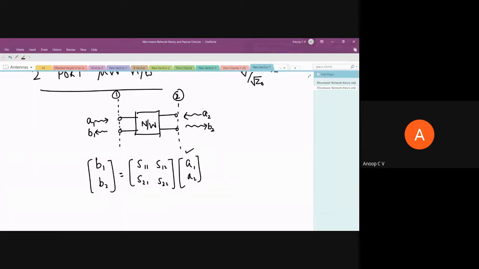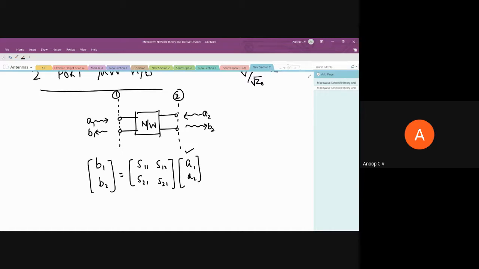So A and B, even though we call them normalized voltage, are more related to power. Why? Because if I square that and divide by 2, it will give me power. That's why the unit is volt per ohm to the power minus half; when you square that, it will have the dimension of V squared by R.